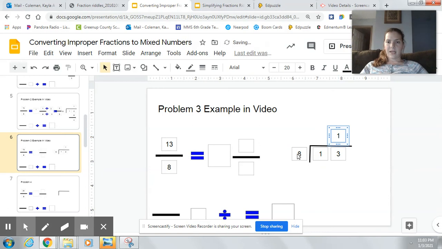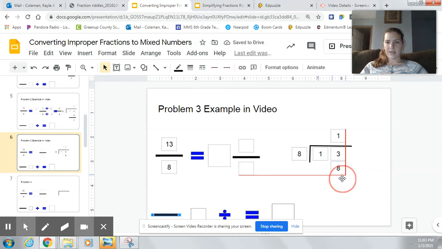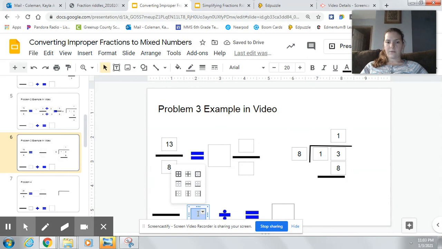1 times 8 is 8. If we subtract 13 minus 8, we're going to get 5 as a remainder.